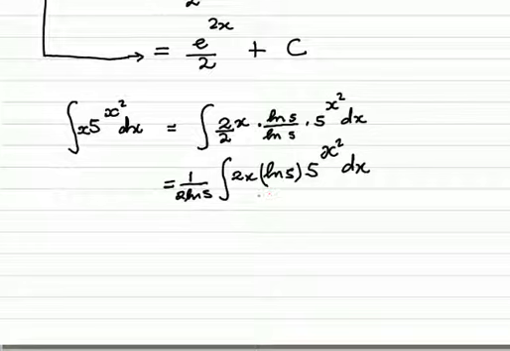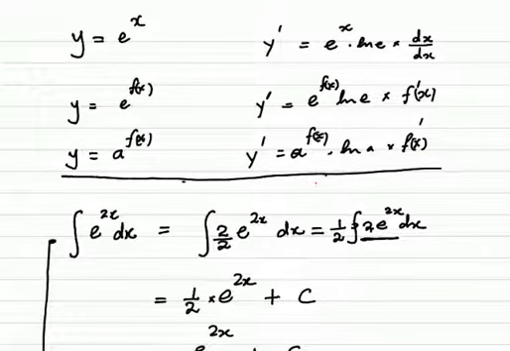Immediately we can see that this structure is exactly the same as the one we have got there. Then we can ask ourselves, where does this come from as a derivative? And you can see clearly it comes from something like this.